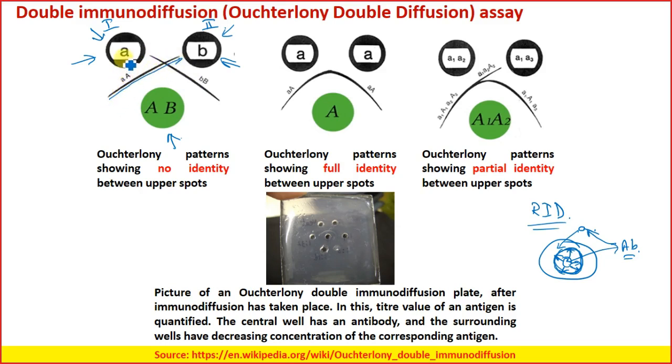This blue colored line is due to the interaction between antigen A and antibody A, so small a, capital A. Whereas the red line is for the interaction between antigen B and antibody B, so small b, capital B. So in case both the antigens in well 1 and well 2 are different, you will get a cross structure, and this kind of structure is regarded as the pattern of non-identity.